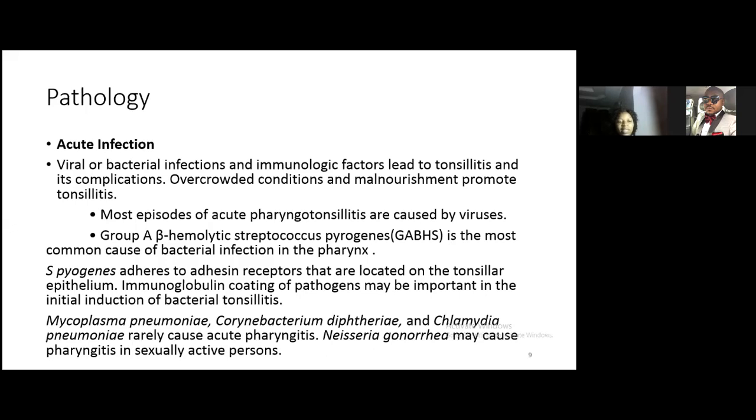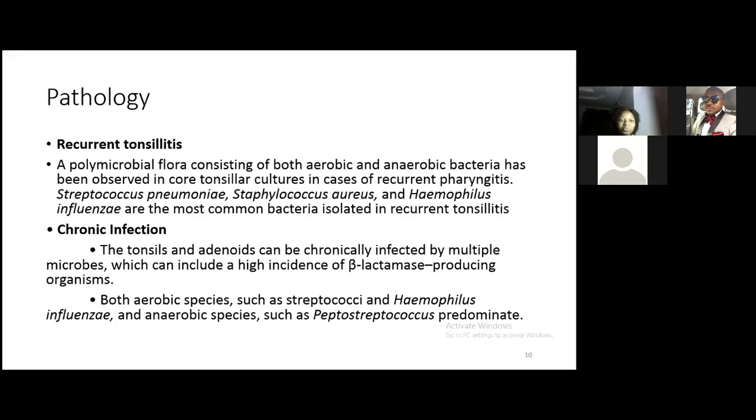Other bacteria implicated in acute infection are Mycoplasma pneumoniae, Corynebacterium diphtheriae, and Chlamydia pneumoniae, but they rarely cause acute pharyngitis. Neisseria gonorrhoeae has also been implicated in sexually active persons.